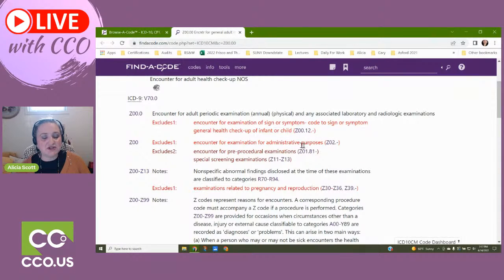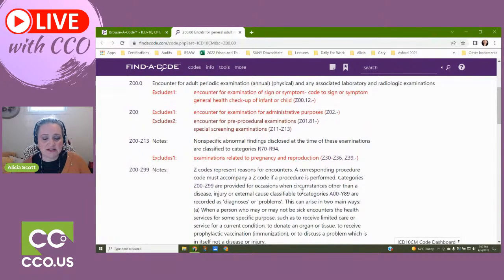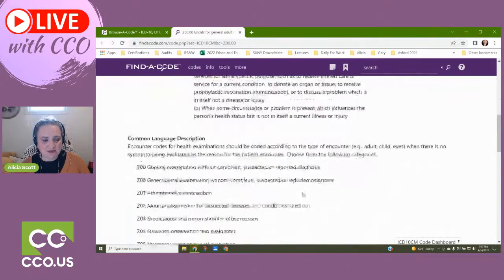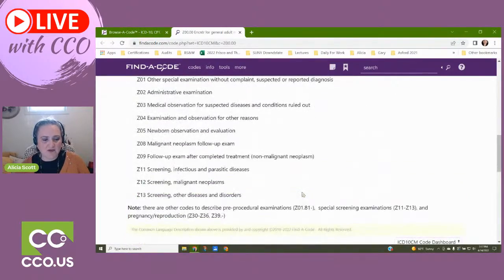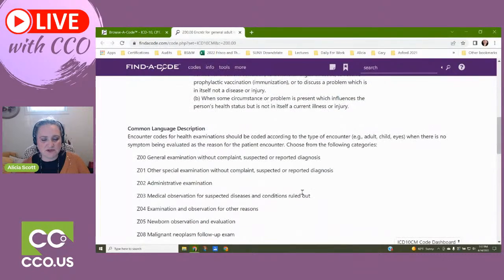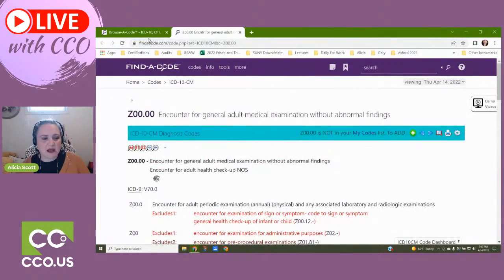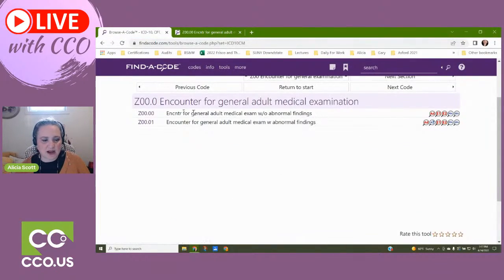Examination for administrative purposes, no. And related to pregnancy, of course, they have their own set of Z codes for pregnancy and reproduction. So this is just a breakdown of the main categories of those encounter codes, and I don't want to go over those right now.